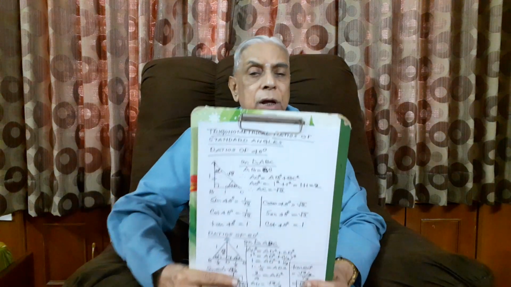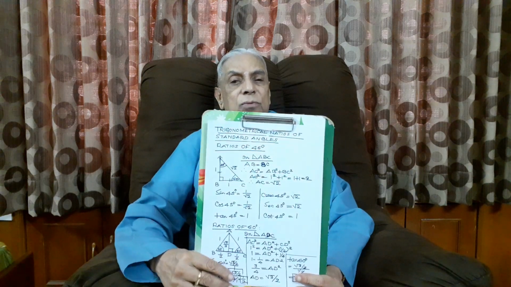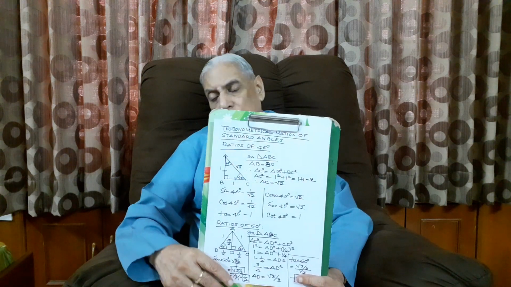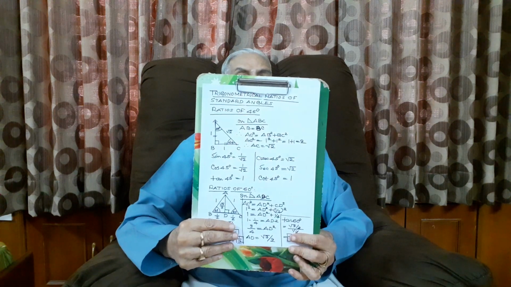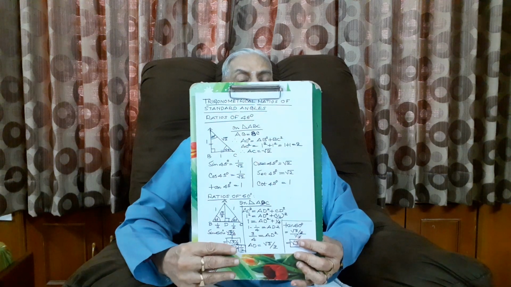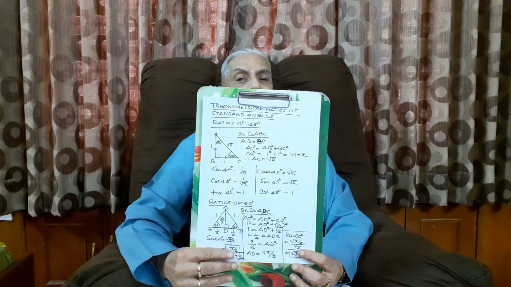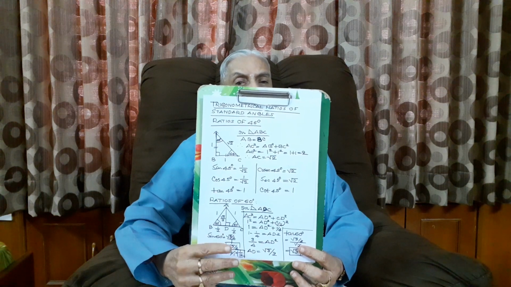Now, what is sin 45? Sin 45 means opposite by hypotenuse, that is 1 upon root 2. Then what is cos 45? Once again, adjacent side by hypotenuse.